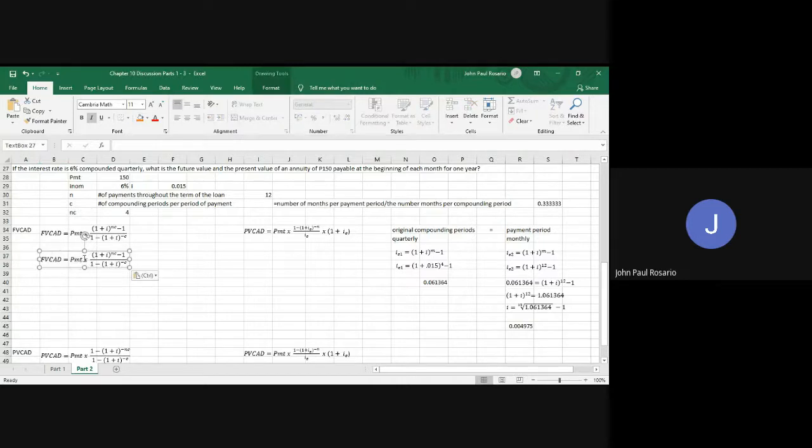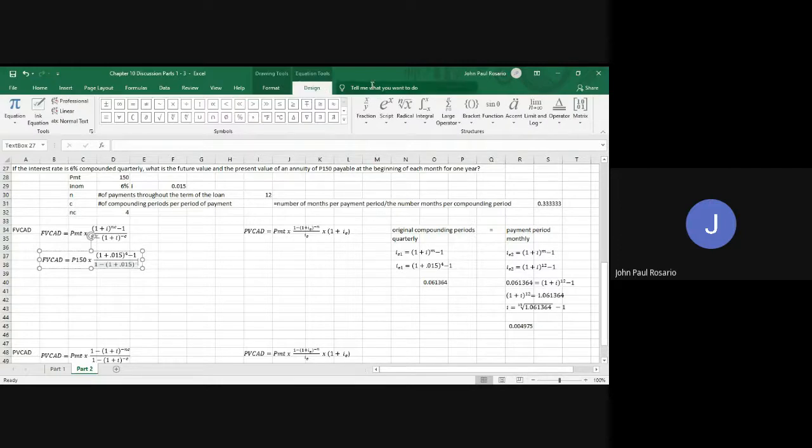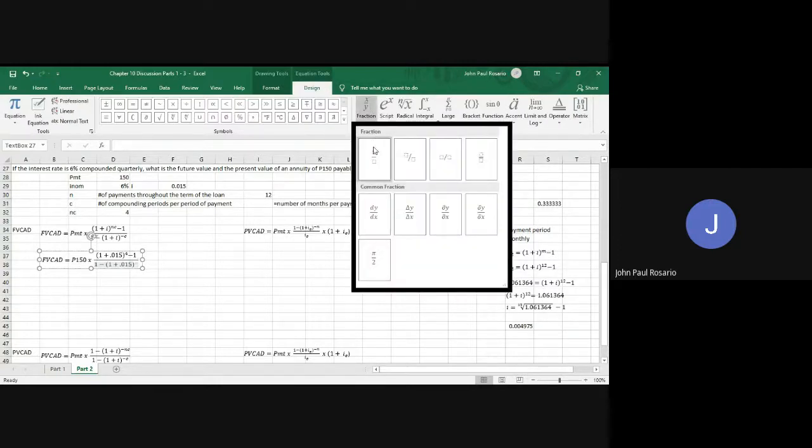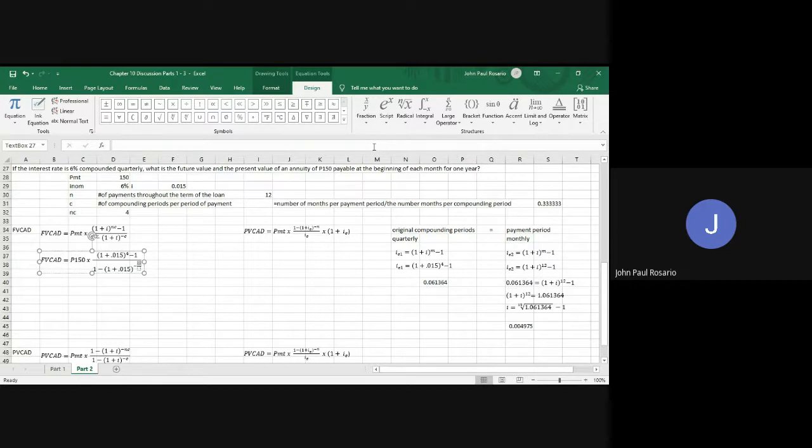So our payment here again is 150, and our I here is 0.015. Our NC here is 4, it's only 4, I'm sorry. And here again, it's 0.015. And our C here is a fraction, negative 1/3.